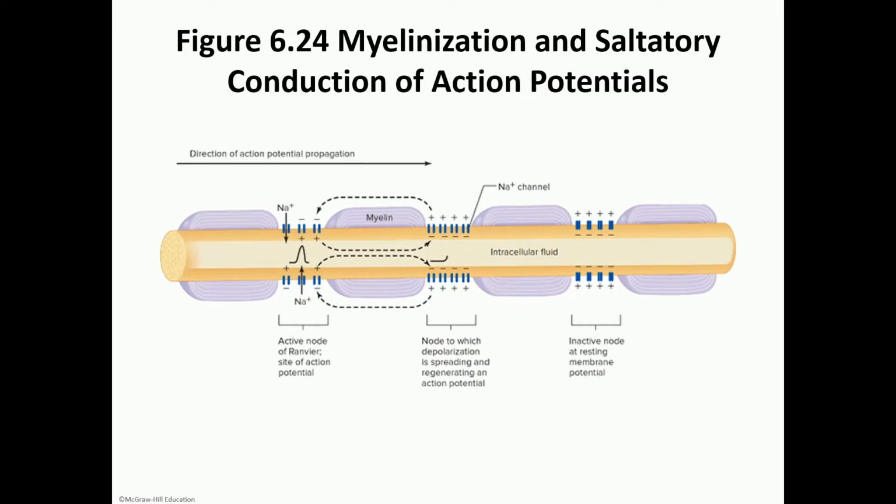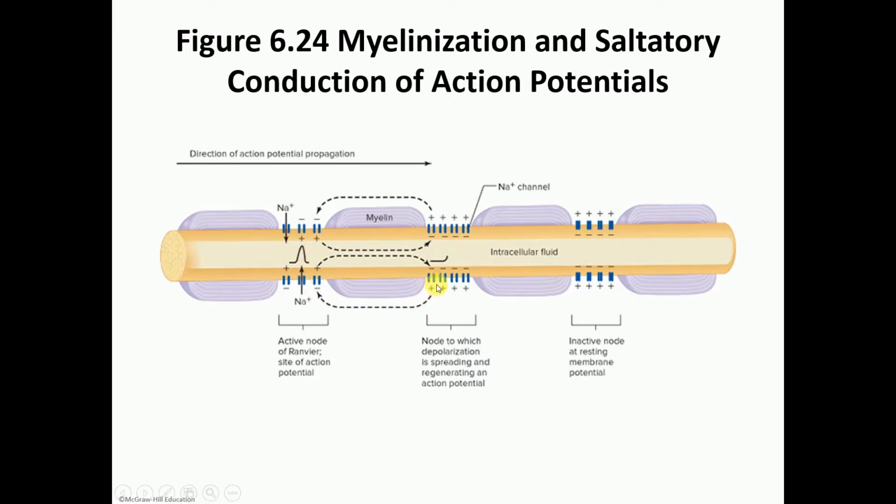Myelination, myelinization helps in speeding up the process. So instead of going one step at a time in the propagation of the action potential, there is a jump known as the saltatory conduction, where it jumps from one bare area to the next bare area.